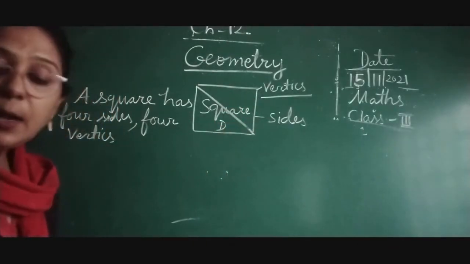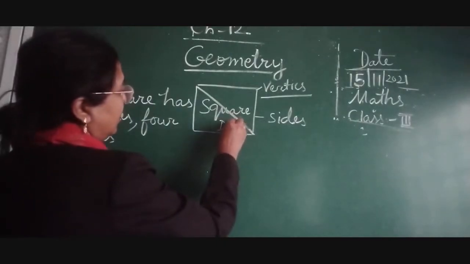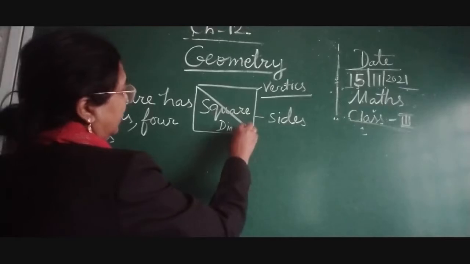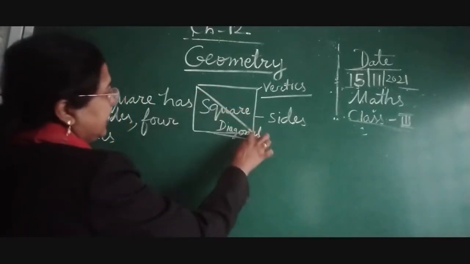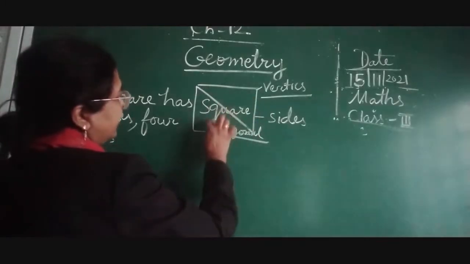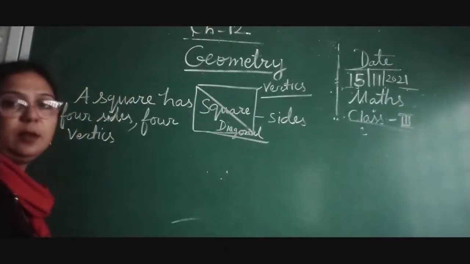This is called diagonal, children. So here children, you can see diagonal. This line which divides the square equally into two parts is called a diagonal.